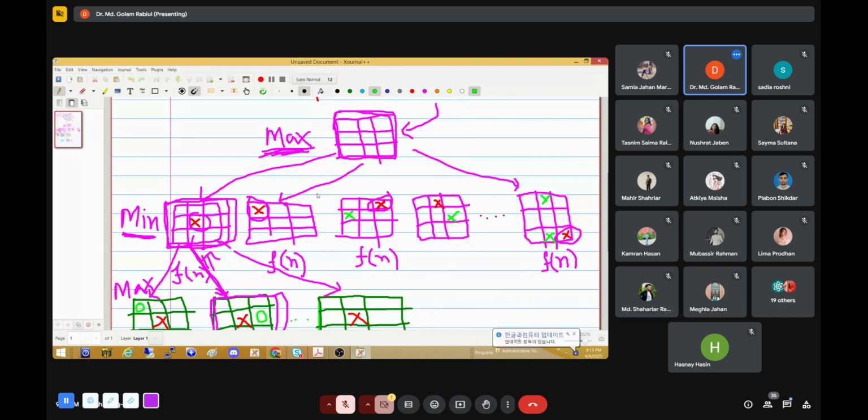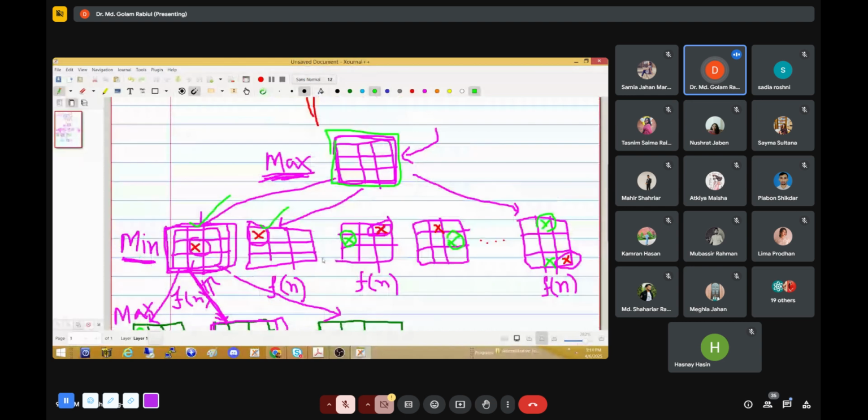So from the first stage, if we consider just three possible legal moves, one in the center, one in a corner, and one in the middle positions like here or there, this position or that position, those are symmetrical.